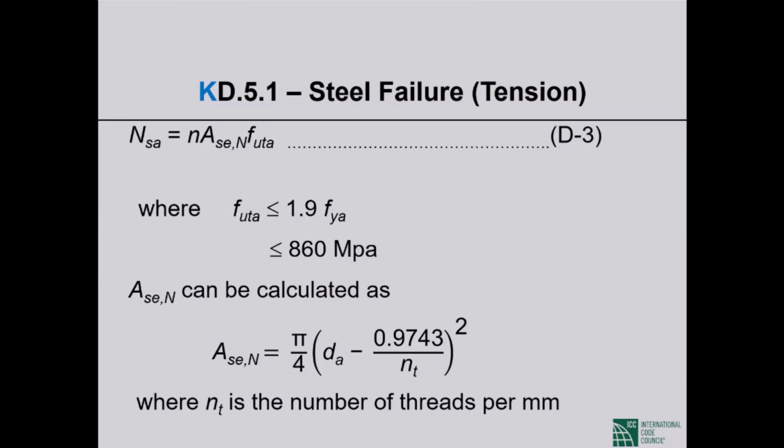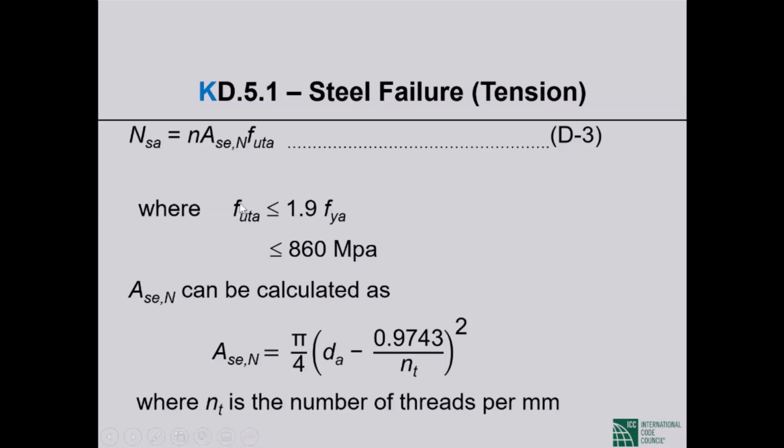So if that is our failure mode, the corresponding strength, this is nominal strength, is the number of anchors in the group times the effective area of the anchor in tension. This is the area of the anchor excluding the threads, and the ultimate tensile strength.